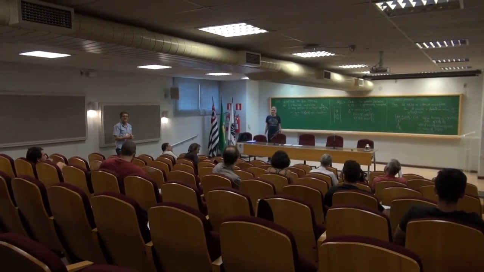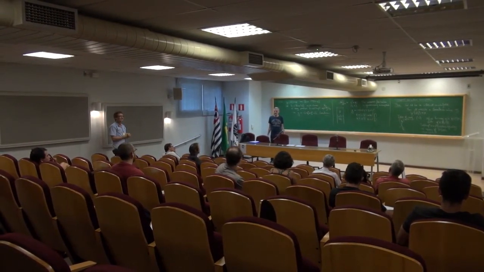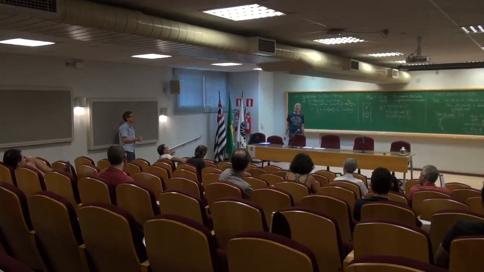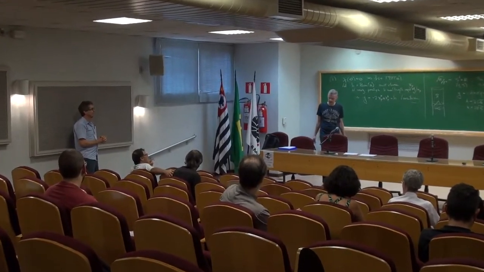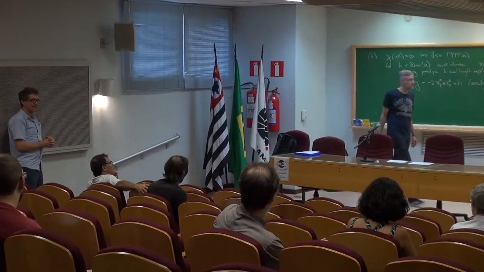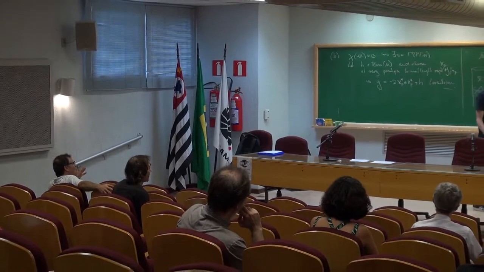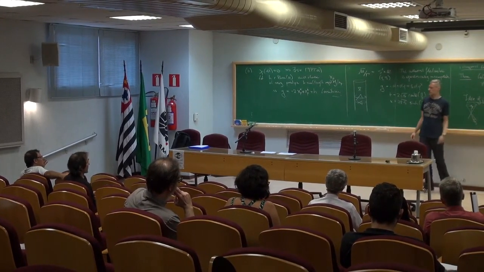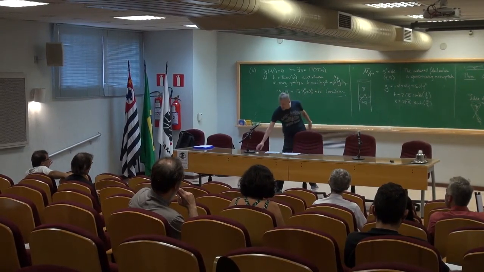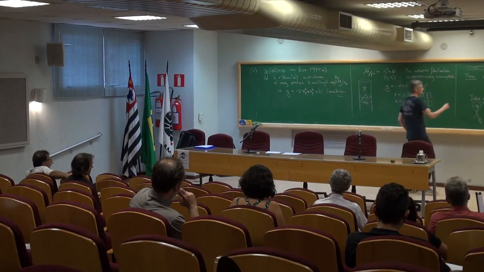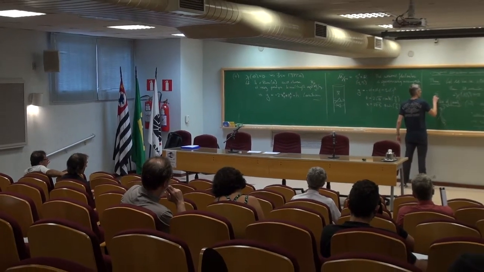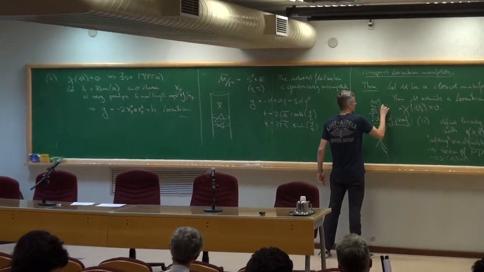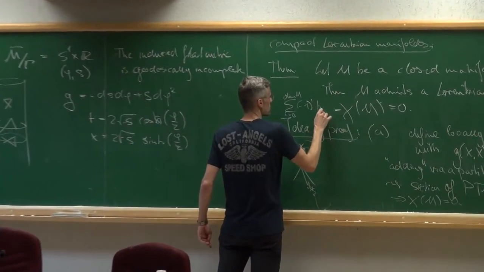Any questions? This was usually for odd dimensional compact manifolds. They always have a Lorentzian metric. So it's more or less the odd dimensional case in the compact setting. The argument is that the Euler characteristic is the alternating sum over the Betti numbers.